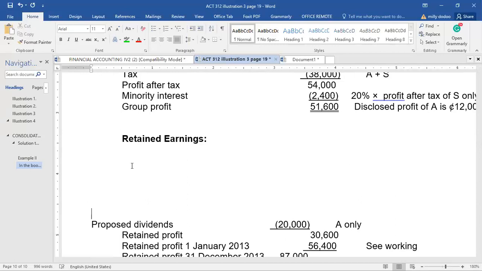So I'll help you with that one. So we say retained earnings brought forward. So for the retained earnings brought forward, you add that of the two.